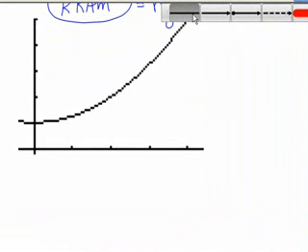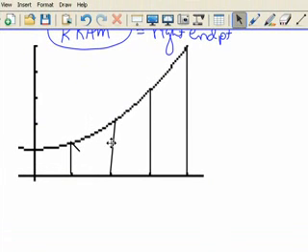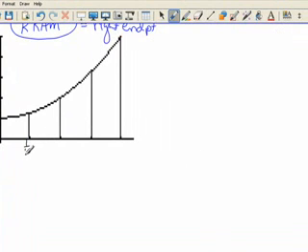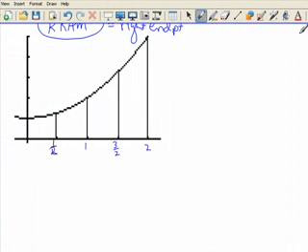All right, so we're still thinking about dividing our space up into little strips. 1/2, 1, 3/2, 2 are my x-intercepts. Instead of using the left endpoint to calculate the height, we're going to use the right endpoint to calculate the height.